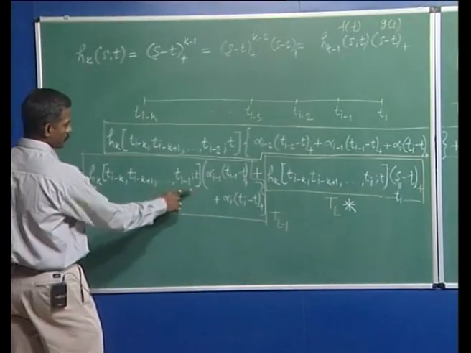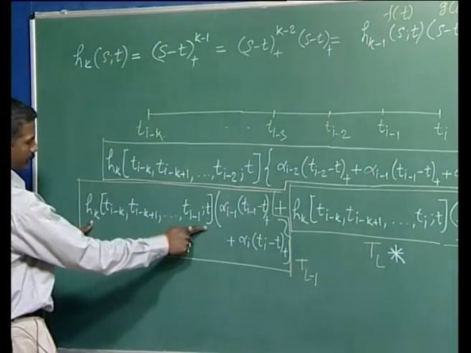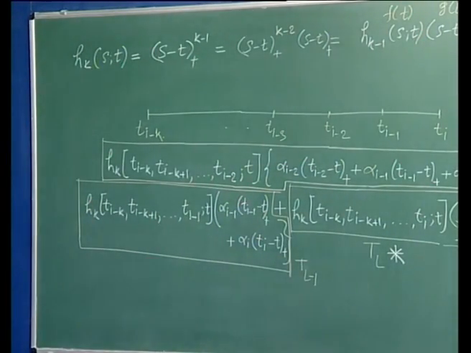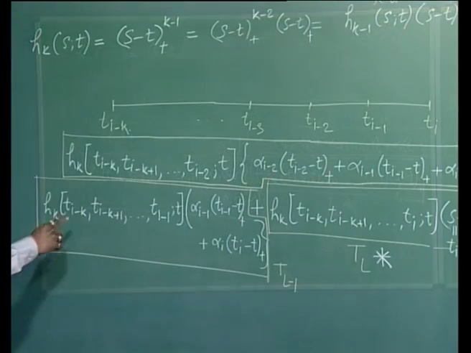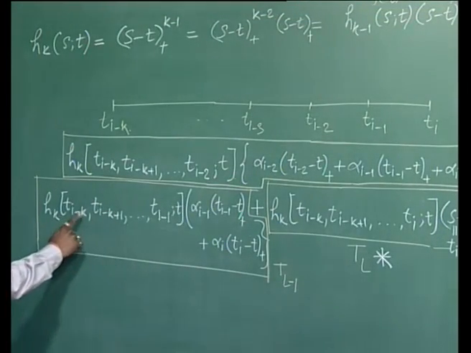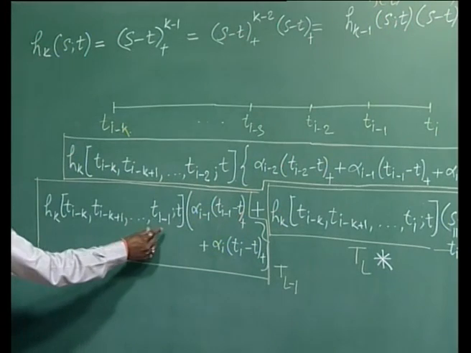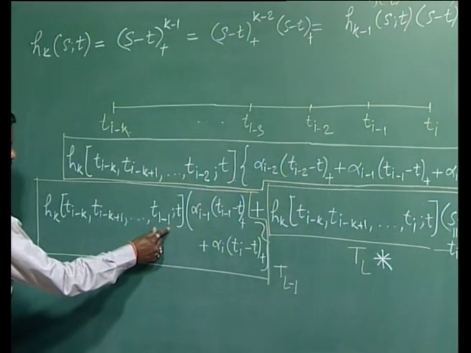Now let's concentrate on this term here. Can you figure out what this term is? This is the k minus 1th divided difference of h_k. The last number here corresponds to t_i-1.